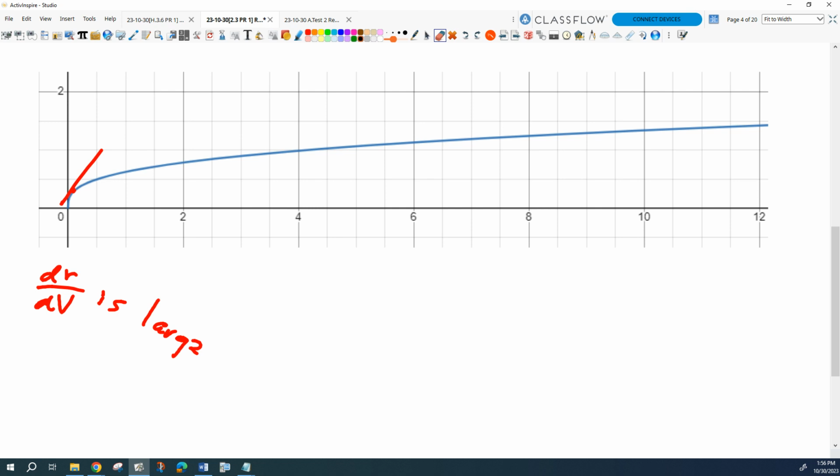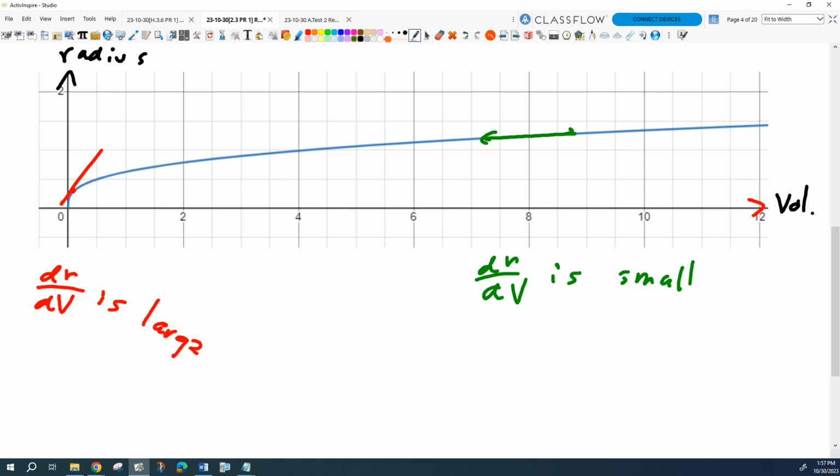And let's label these. Remember, on this graph, horizontal axis is volume, vertical axis is radius. Over here, dr/dv is small.